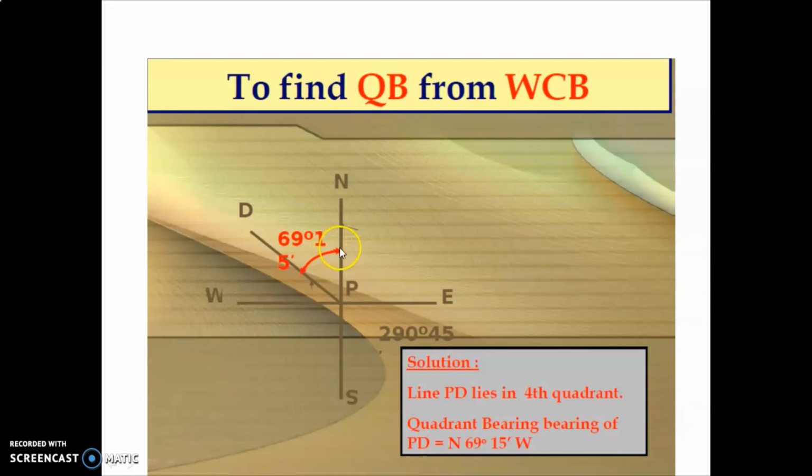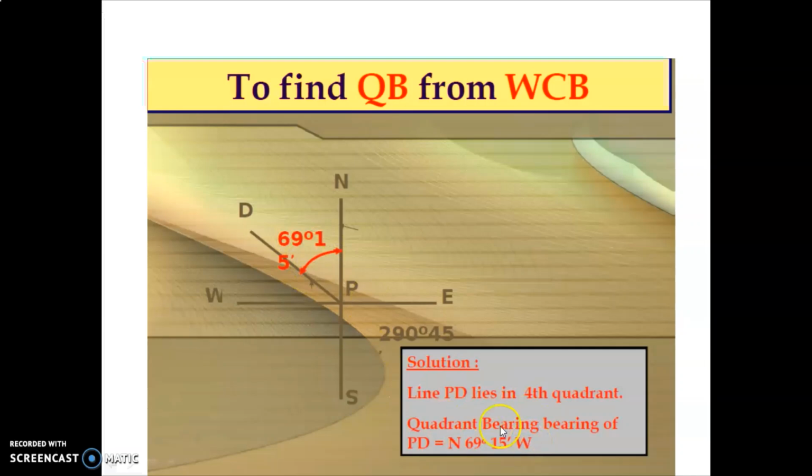And what will that value be? 69 degree 15 minute. And this line approaches toward the north pole. So we have to write it this way: north 69 degree 15 minute west.